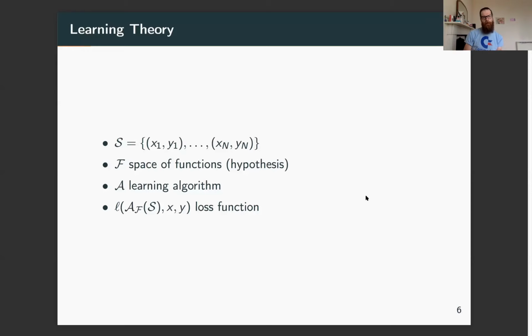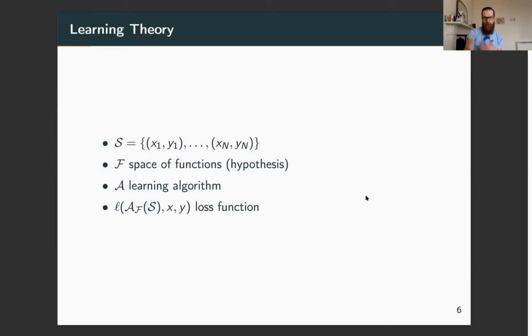And finally, I have a loss function L. The loss function L takes an instance of a hypothesis which has been found by the algorithm A on a data set S, so A, F, S, and then it evaluates that on some new data. This can be a classification error, for example.